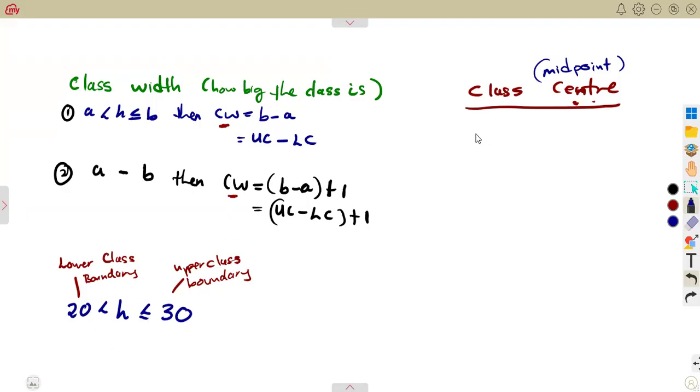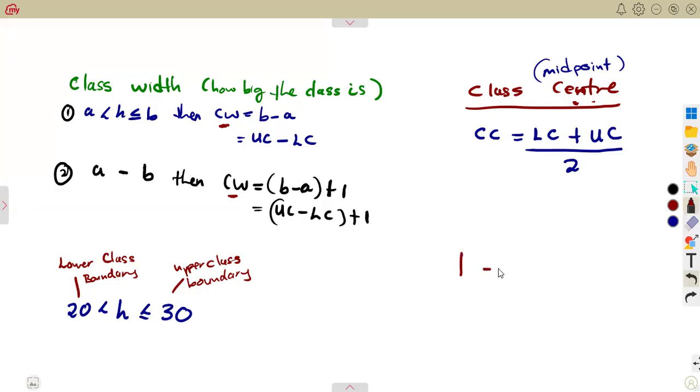So for the class center, I'm just going to write in short like this. Class center is equal to, you simply add the lower class plus the upper class, whatever you have there, you must divide by 2. That is the number in between, the number found in between those numbers given from the boundaries.